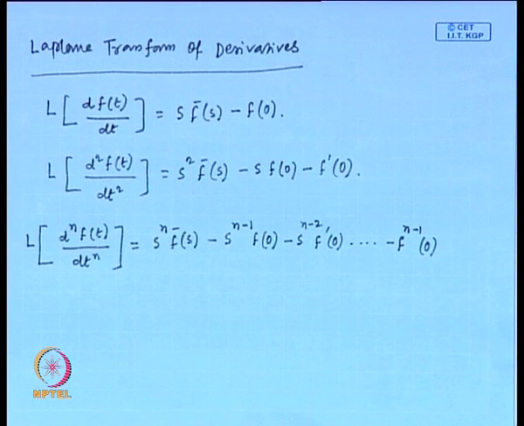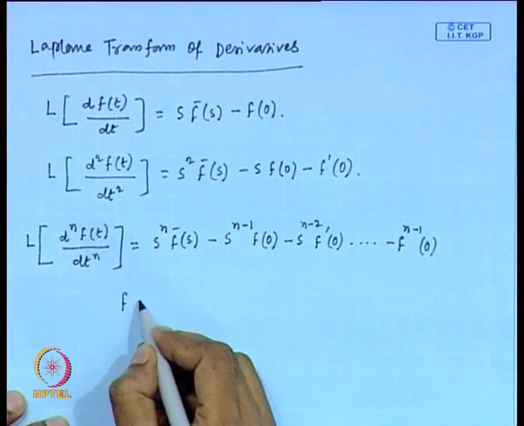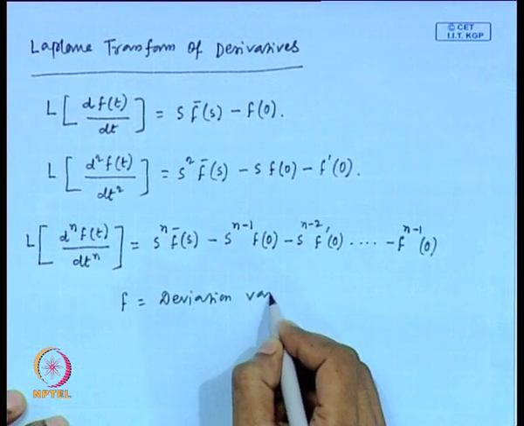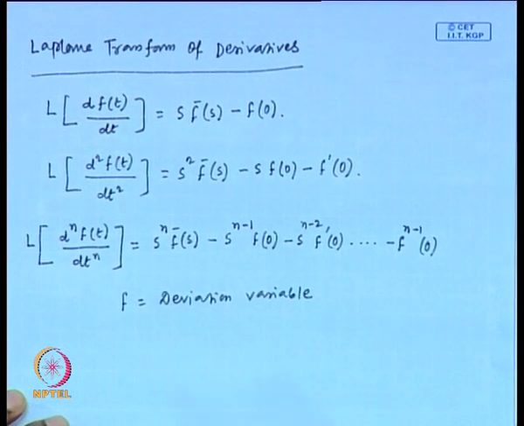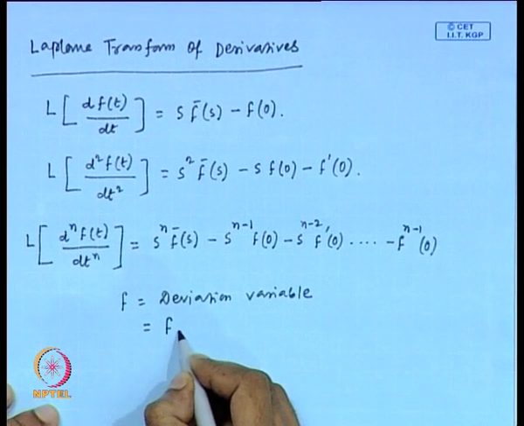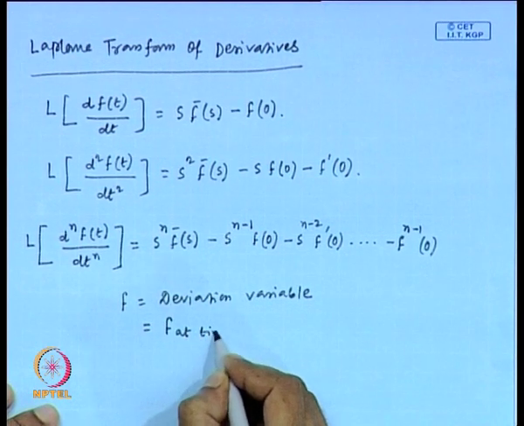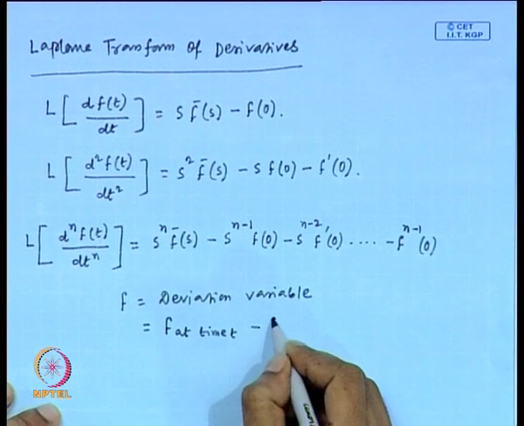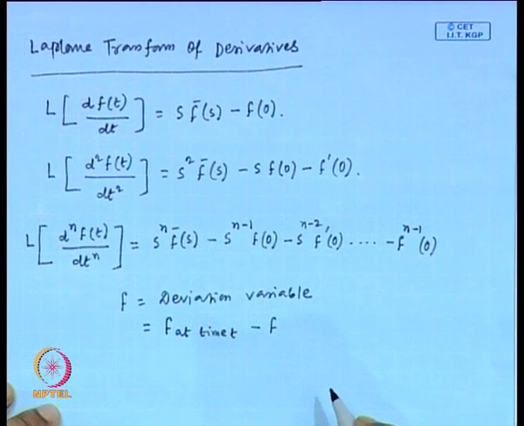Now, suppose f is a deviation variable. Deviation variable means the value of f at any time t minus the value of f at steady state.